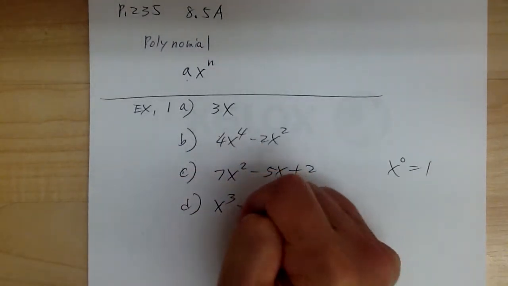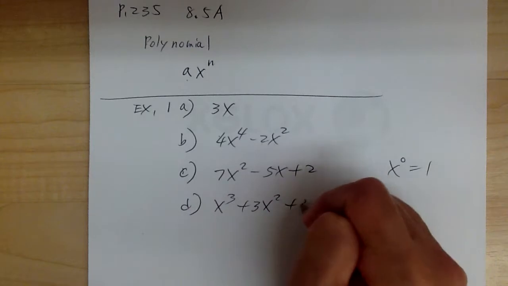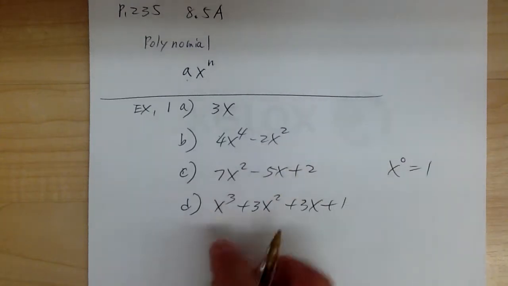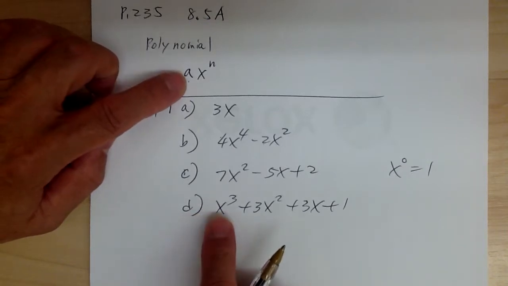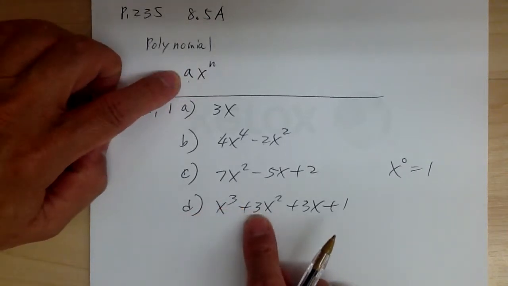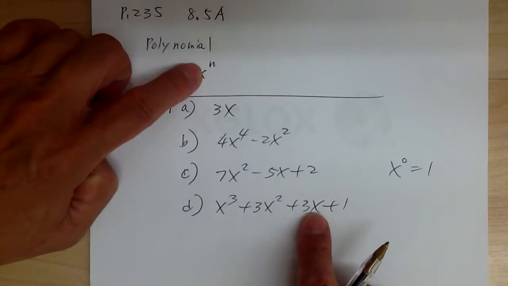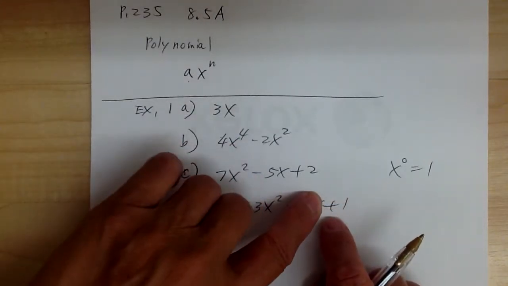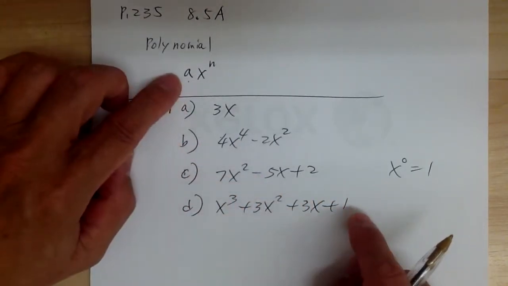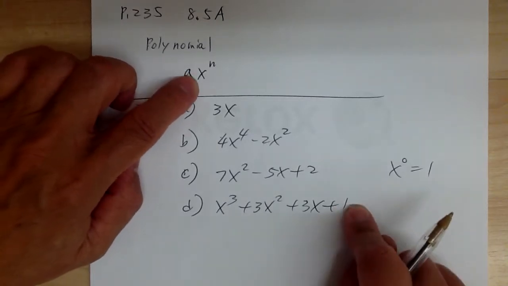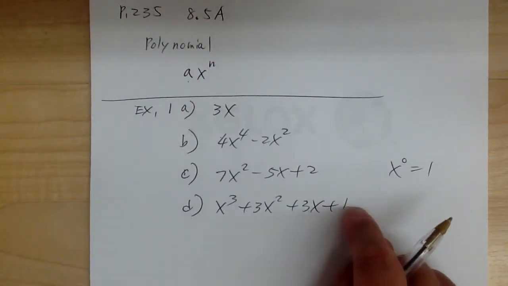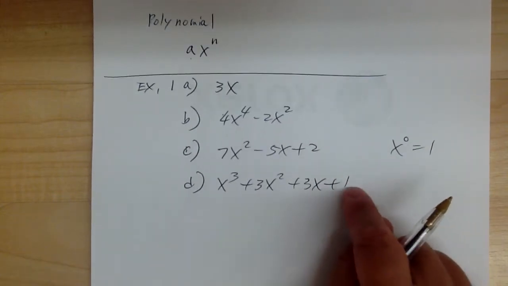Okay, let's go to D. You got x to the 3 plus 3x squared plus 3x plus 1. Again, the a is 1, right? So it's the number, variable, exponent. Number, variable, exponent. Number, variable, exponent. So in this case, the exponent is 1. Over here, you got the number. Now again, we don't see anything, which means the variable to the 0 power. So a number is a polynomial.